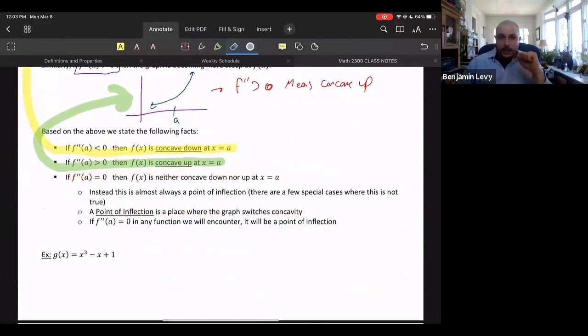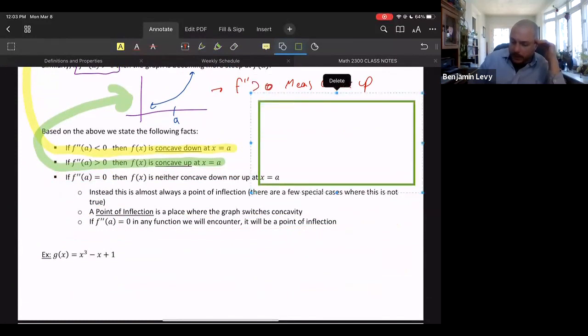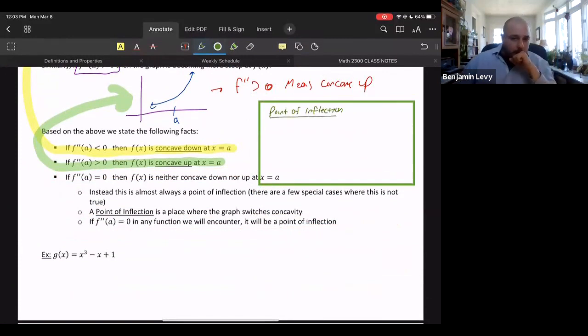And I would like to add a few words to this definition as well. All right, so let me add a couple notes on this page here. So here's what a point of inflection is. Maybe we can add a little box. I'm going to write a few things in here. So let's draw a couple point of inflections.